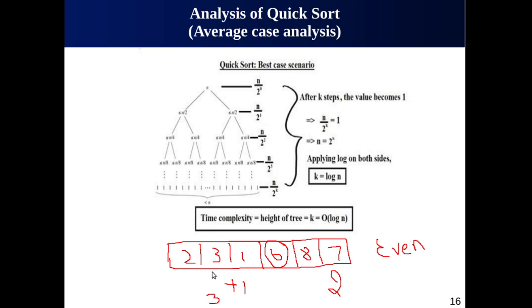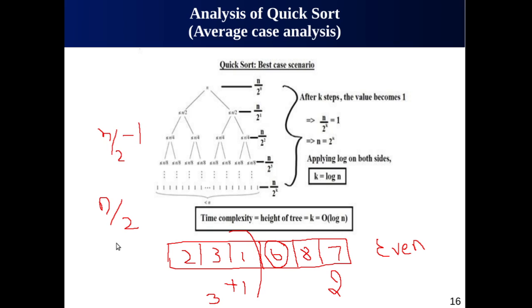So this is the second possibility, that there is going to be a difference of 1 between the two sublists if the given array has an even number of elements. On partition, one partition will contain n by 2 elements, while the other partition will contain n by 2 minus 1 elements.